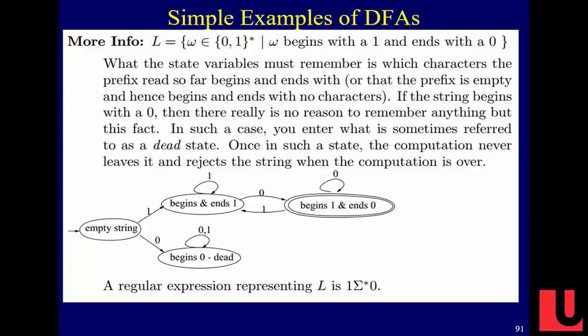Based on this state, I know that I begin with a 1, and I end with a 0. And then what happens next? The next character comes, and it's a 1. So now what do I know? I know that I begin with a 1, and I end with a 1. So I go over to this state. Does that make sense?